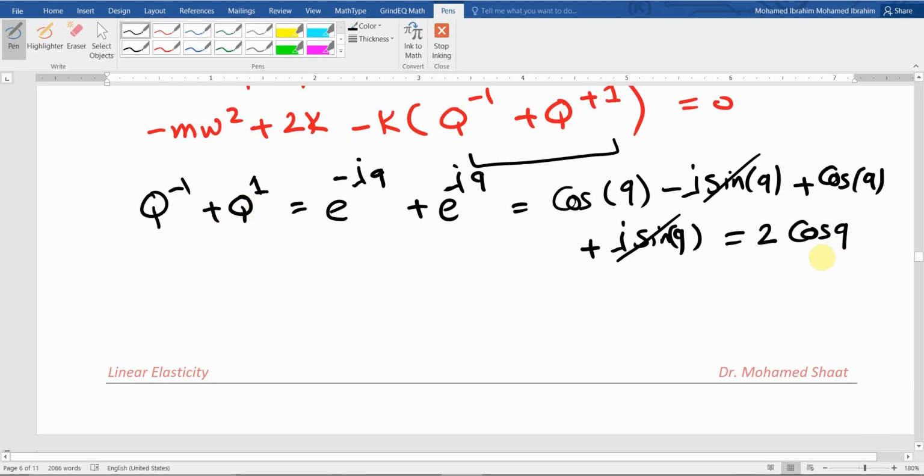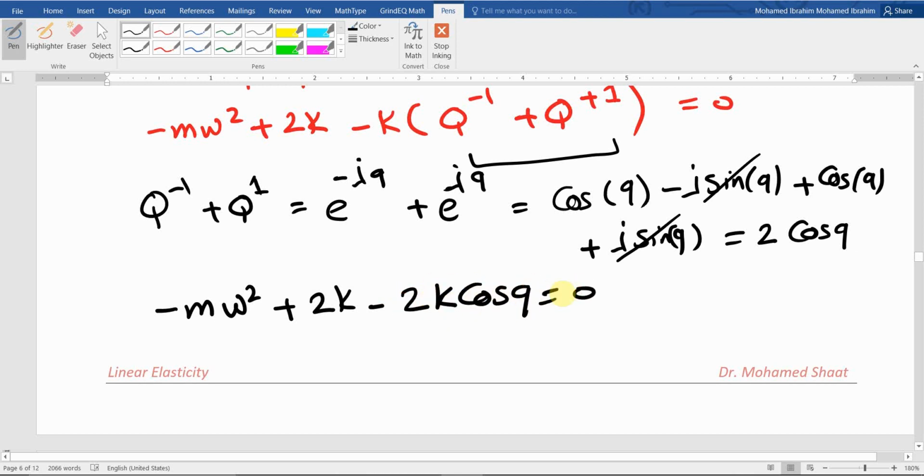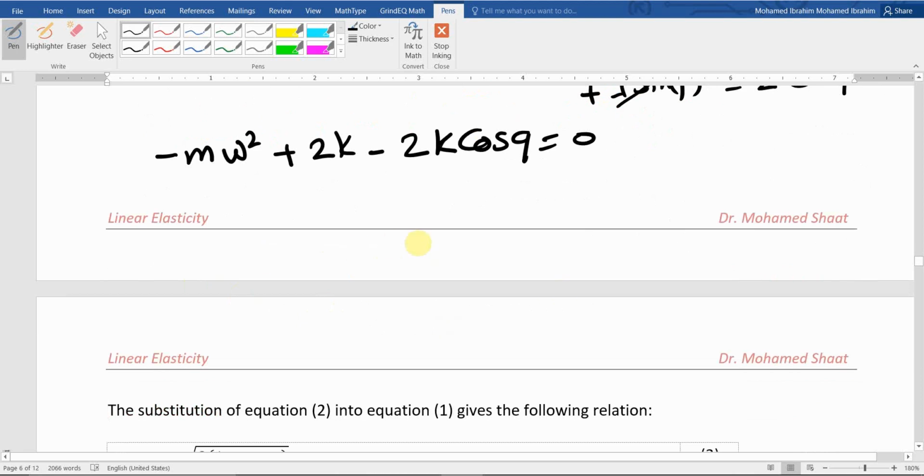What is q again? This is the wave number, which is 2 pi over lambda, which is related to the wavelength of the incident wave. If we substitute with this term here, we're going to end up with this equation: negative m omega square plus 2k minus 2k cosine q equals 0. Make sense? So we're going to end up with a very simple equation.